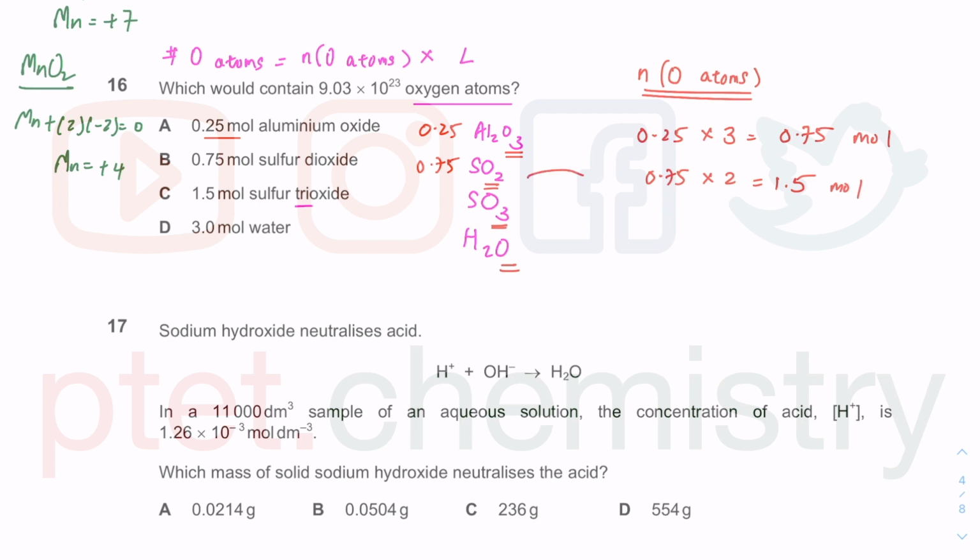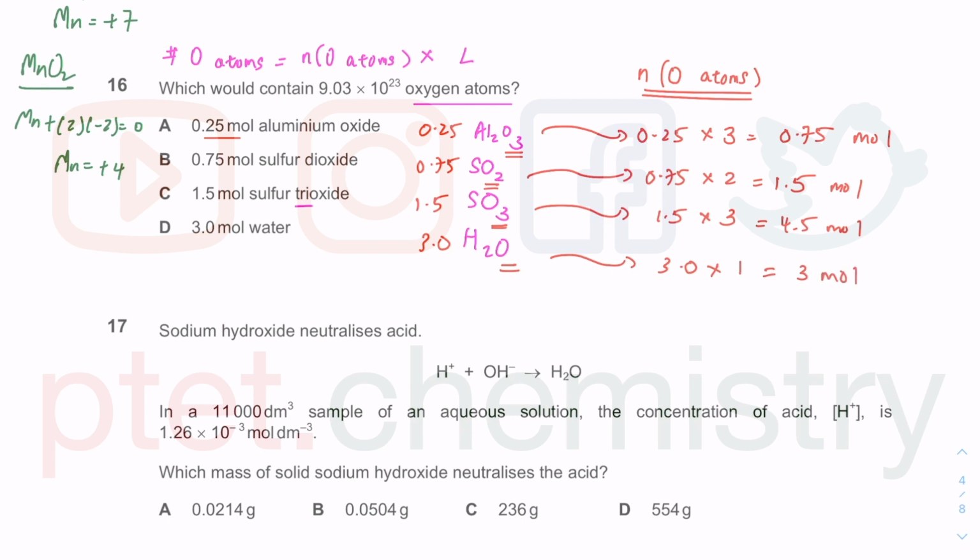So that is the SO2, that is the Al2O3. How about the SO3? 1.5 times 3, because there are 3 oxygen atoms, they want atoms, and then I have 1.5 mole of it, so I got 4.5 mole. And last but not least, 3.0 mole of H2O, so 3.0 times 1, because I only have 1 oxygen atom, but I have 3 mole of it, so that will give me 3 mole.